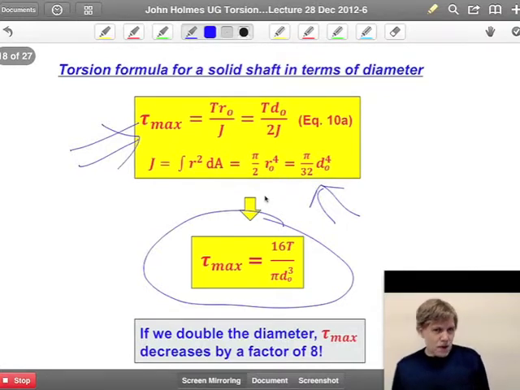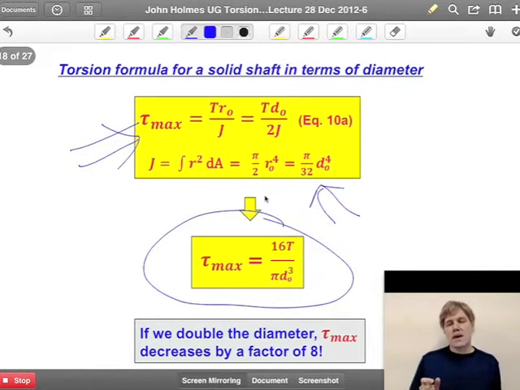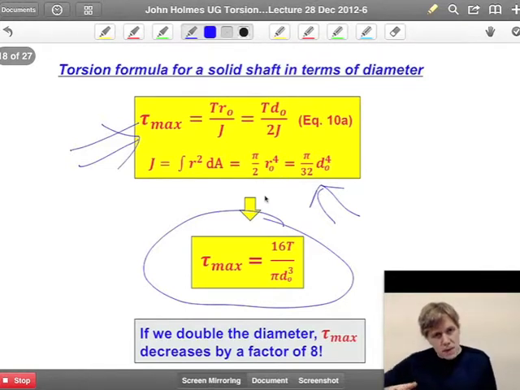If you look at it, you say, all right, what if I've got a 1-inch diameter shaft versus a 2-inch diameter shaft? Well, because it's a cubic power, if we double the diameter from 1 inch to 2 inch, we decrease the maximum shear stress of the shaft by a factor of 8. That's significant because most designs, either for static loading under torsion or for fatigue loading, will depend upon the maximum shear stress for lifetime or failure. And so we can easily get a much longer life if this is a fatigue limited application by going to larger diameters.